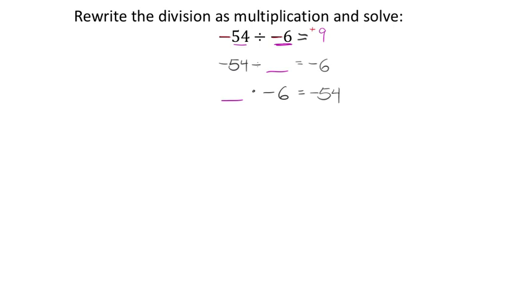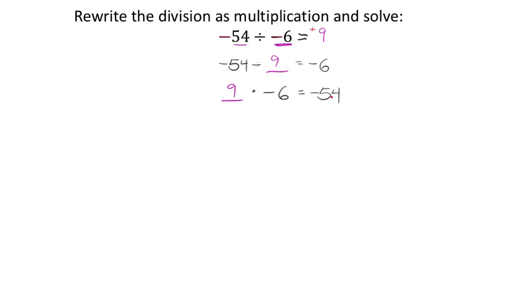Now, if you think about this too, especially since we know the answer is 9, which I will fill in now, if you did these backwards, right? If you accidentally did 9 times negative 54 equals negative 6, hopefully you would know that doesn't make any sense. 9 times negative 54 would definitely be a lot more than negative 6.